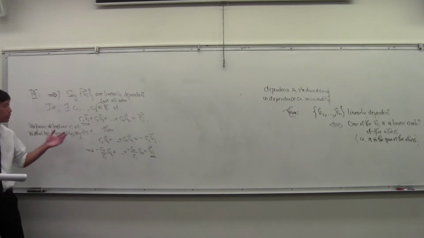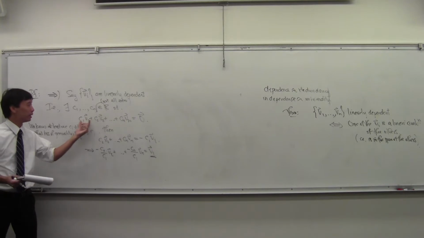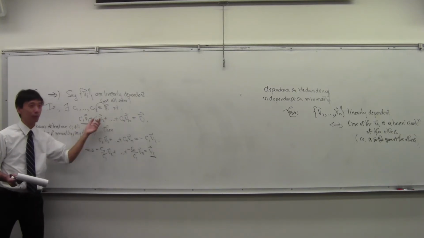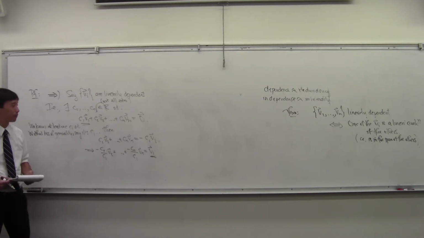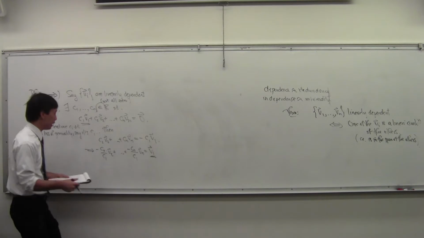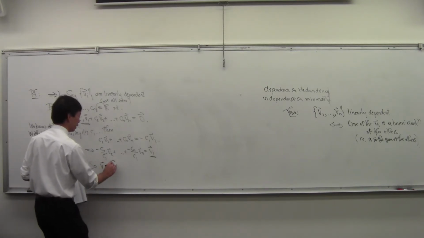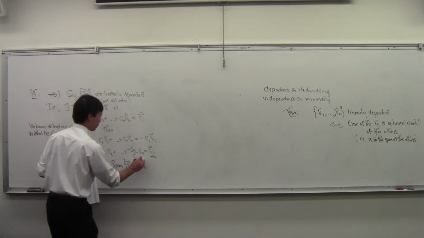So let's just assume that C1 is the non-zero one. We can do that. If it's one of the other ones, just relabel them. Whatever one is non-zero, call that one C1. And then you see that V1 is in the span of the other guys, the span of V2 through Vn.